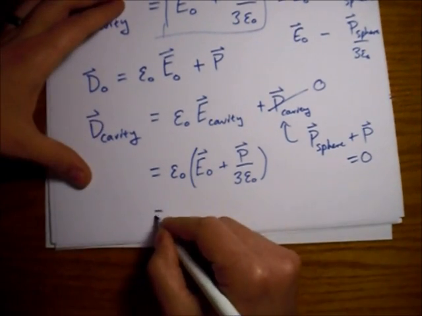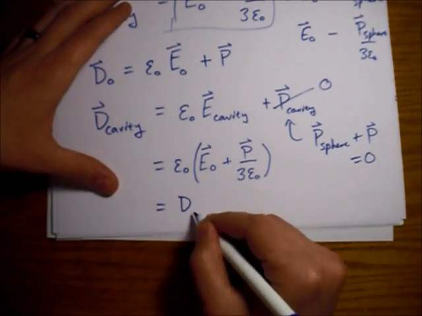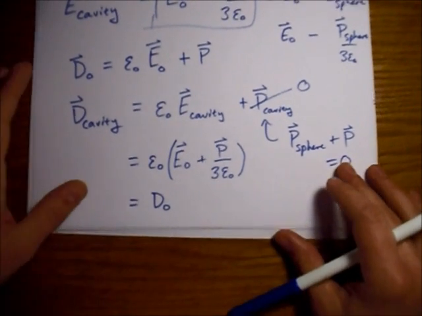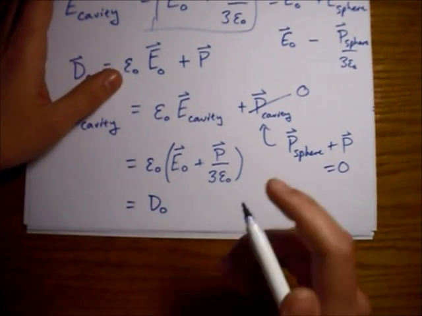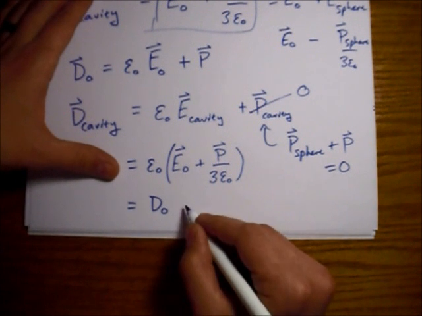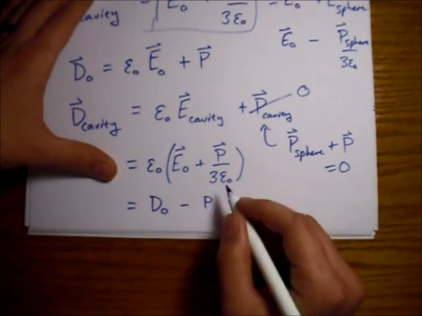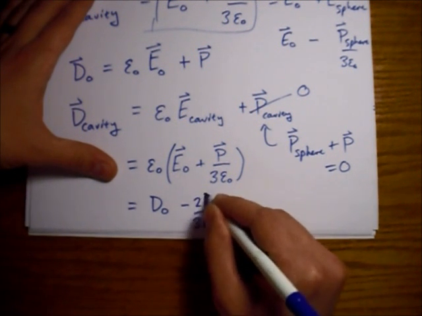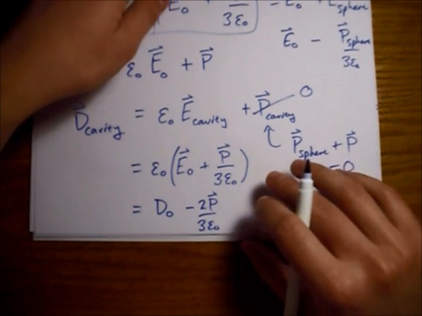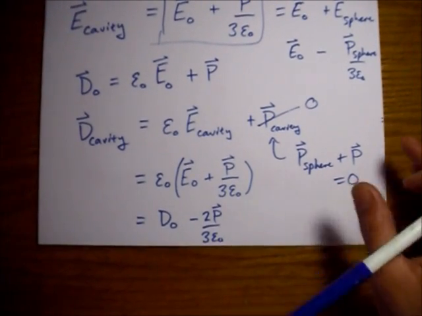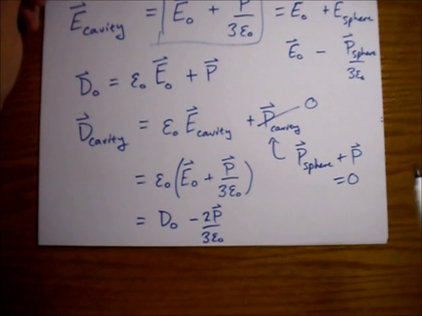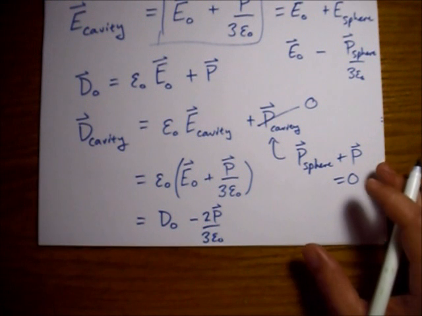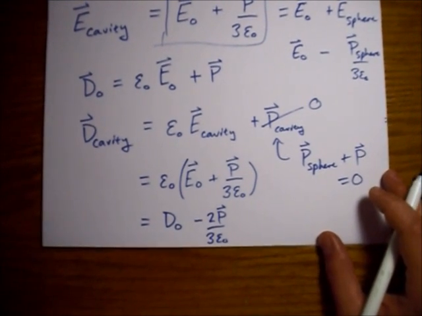Well, that would just be equal to D naught, which is this, and then what we have left is a minus 2/3 of P. So that about covers it for the first part of this problem.